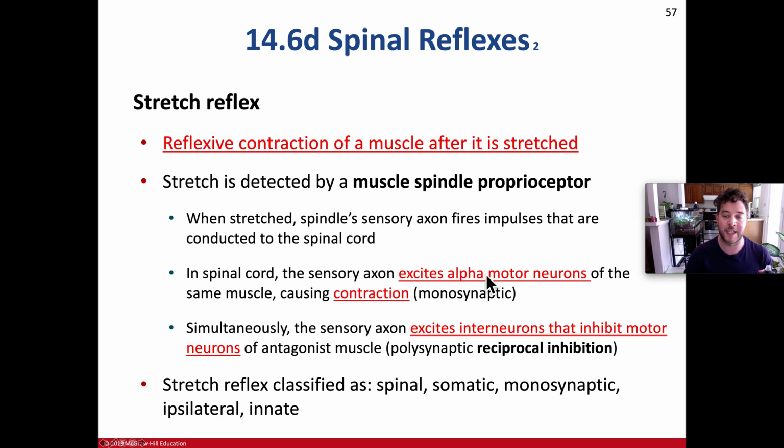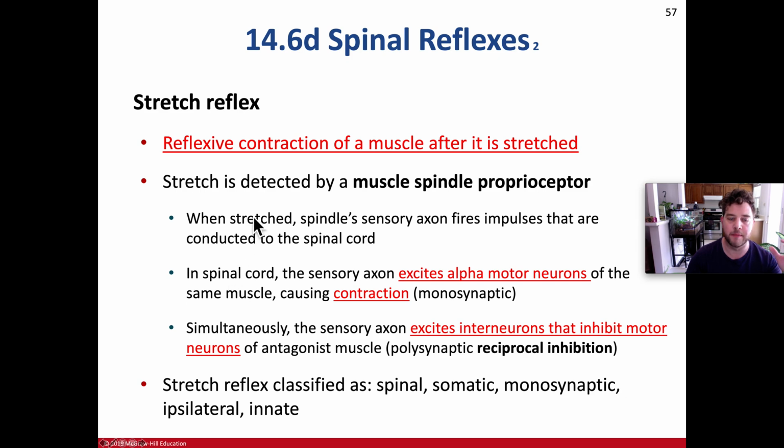In this case, it would be an excitatory action potential because you're trying to contract a muscle. In your spinal cord, the sensory axon excites alpha motor neurons of the same muscle, causing contraction.